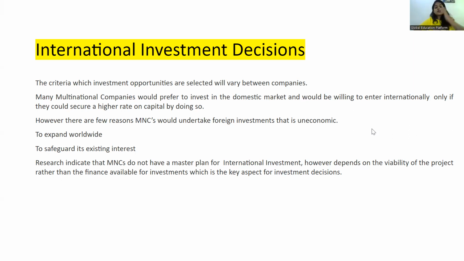Many multinational companies would prefer to invest in the domestic market and would be willing to enter internationally only if they could secure a high return. If you don't secure a high return, or if you are not going to achieve any profits or expand in any terms, it would not be effective for your organization to move into an international market, because there are going to be costs incurred.